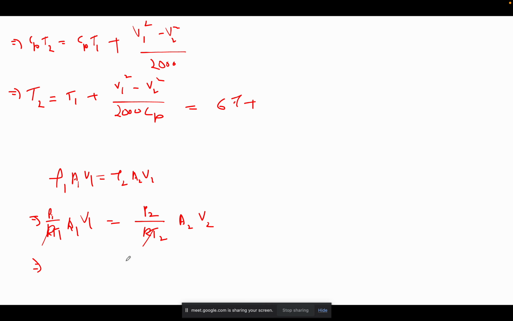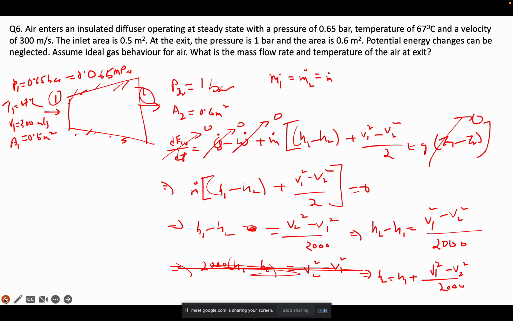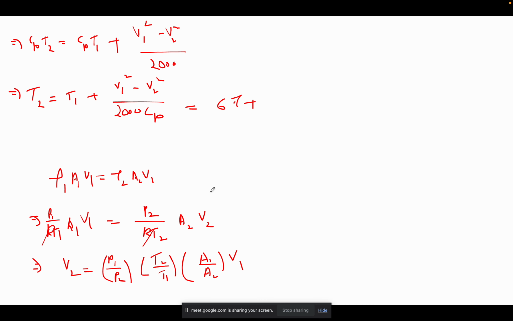And from here R got cancelled, so V2 is nothing but P1 by P2 into T2 by T1 into A1 by A2 into V1. Okay, now you just have to put it here. You know V1 squared is nothing but 300 squared.